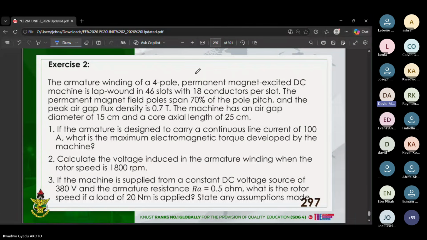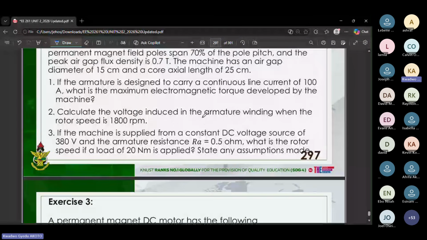The machine has an air gap diameter of 15 centimeters and a core axial length of 25 centimeters. If the armature is designed to carry a continuous current of 100 amps, what is the maximum electromagnetic torque developed by the machine?